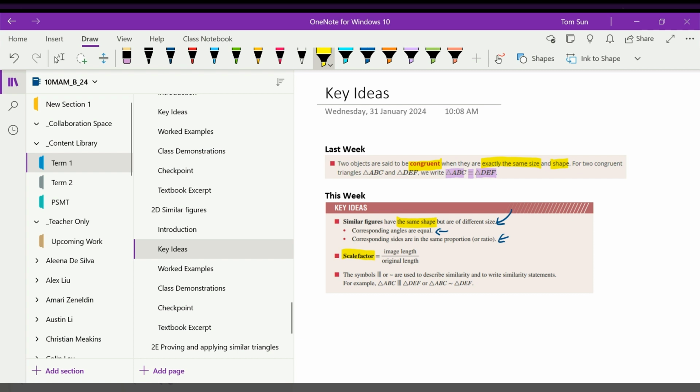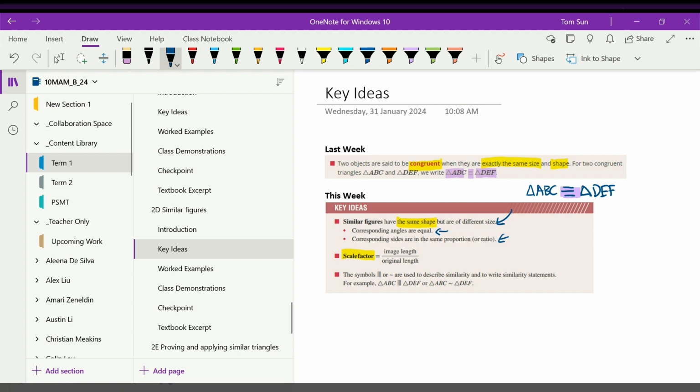Just before we start this, I do want us to make sure that we understand the symbols that we have to use. Before, when we were talking about congruency, we used this symbol to define that triangle ABC is congruent to DEF. That's congruent, okay?